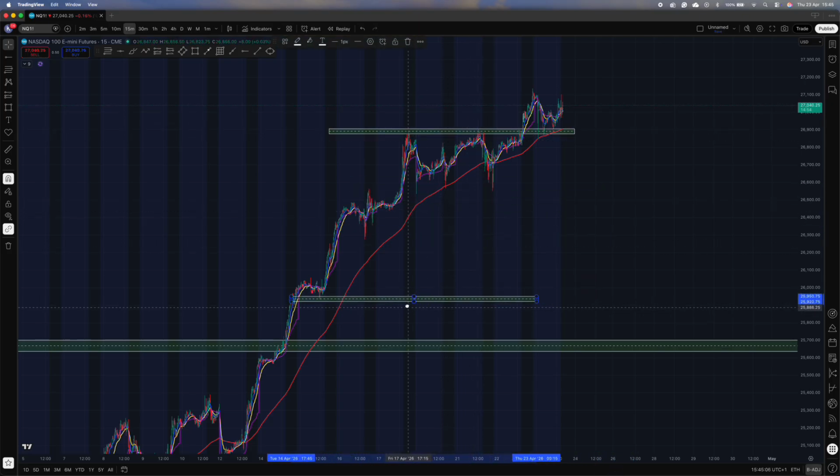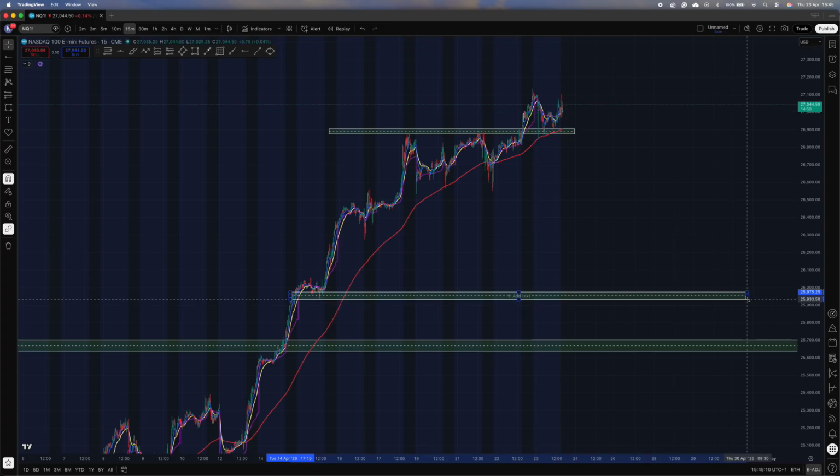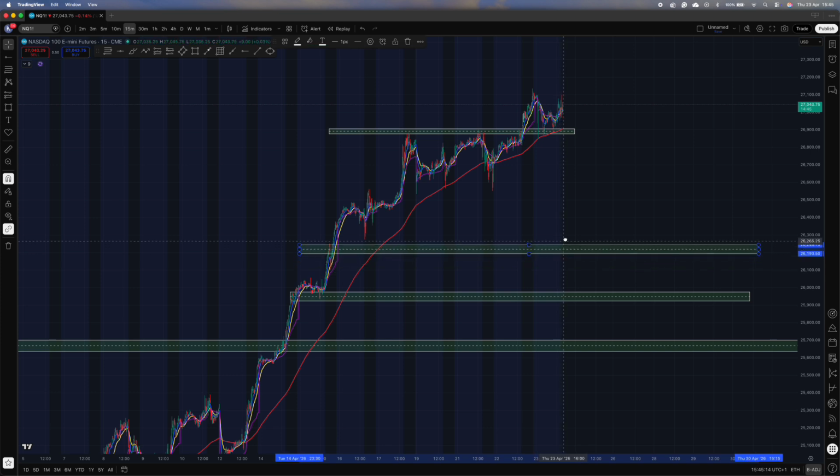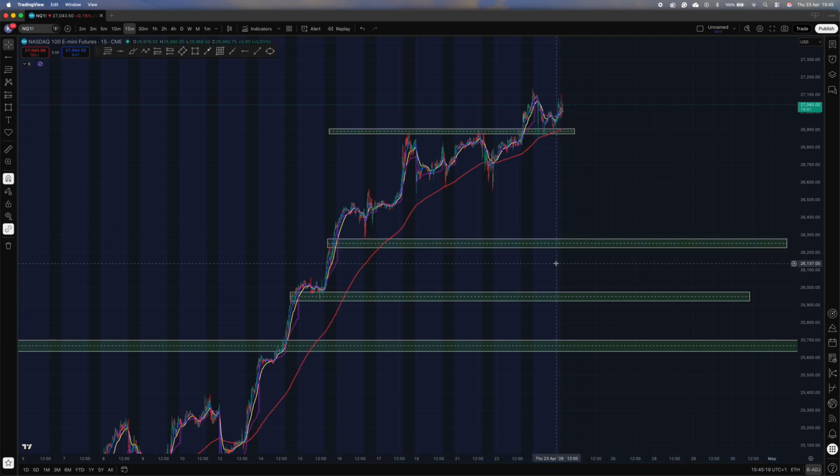Similarly with this one, this area, going long in this area right here, this is my supply, again right here. So price pushed up, supply rejection, pushed up, broke it, retested it.